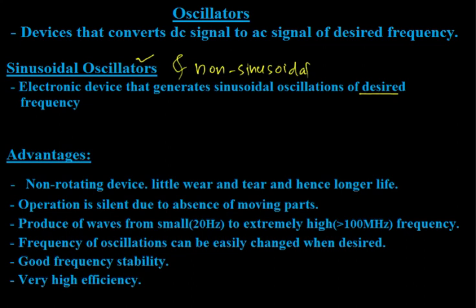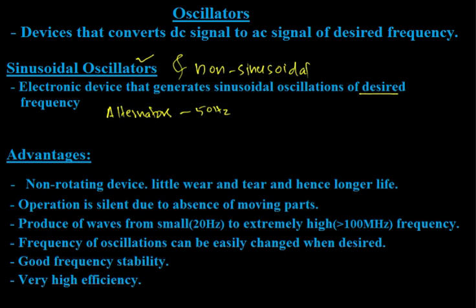This oscillator is different from the other type of sinusoidal wave generator, which we call the alternator, because we know that alternators also produce an AC signal with a frequency of approximately 50 Hz.